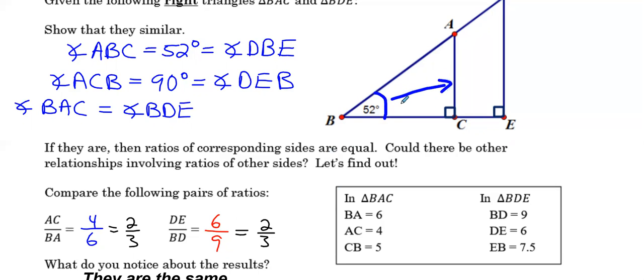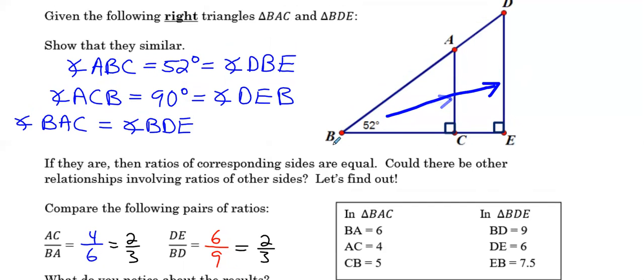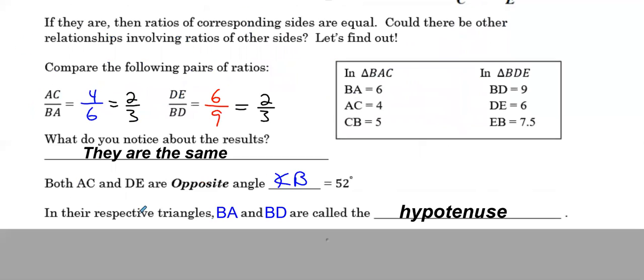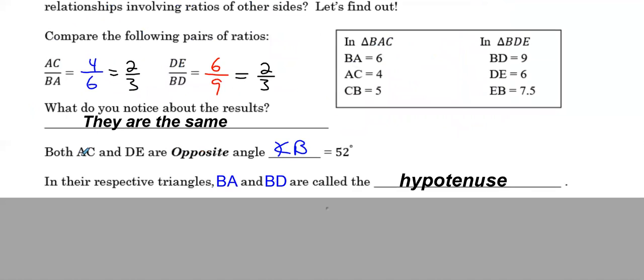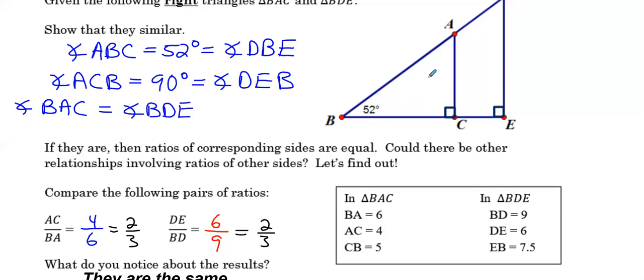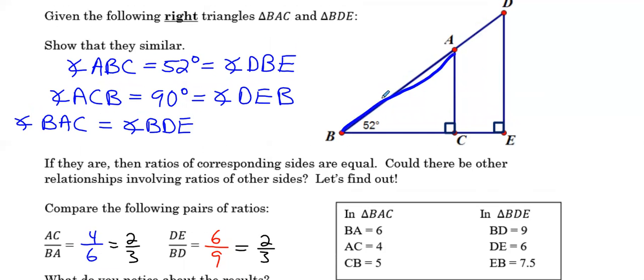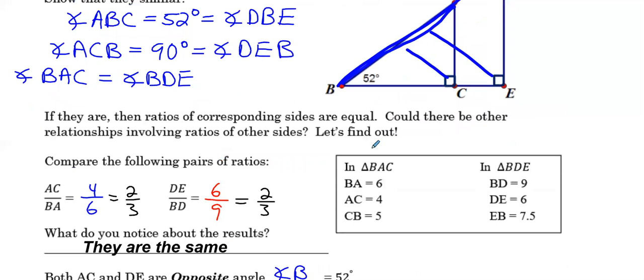But this angle is also opposite the other side, DE. All right. So in their respective triangles, AC and DE are opposite angle B, and also the special name that I'm sure many of you knew about, BA and BD, they are hypotenuses because they are opposite the 90 degrees in the right angle triangle.